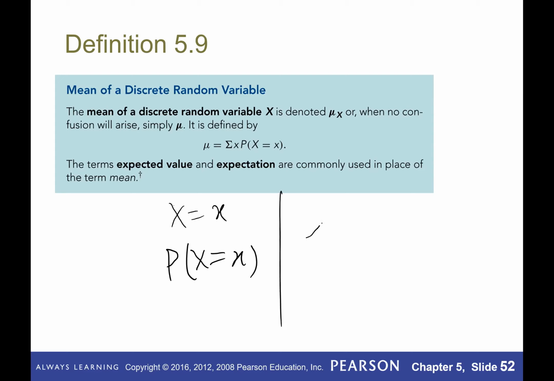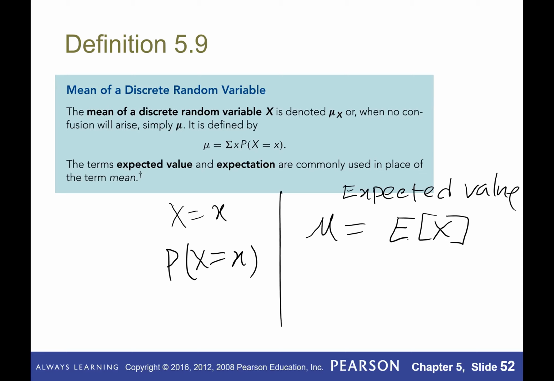If X is a random variable, then the mean, the expected value, that means the population mean, is denoted by E of X. The expected value means the value we expect for X. That is the average value, which is the population average or population mean, and is denoted by mu. So mu is equal to the expected value of X.